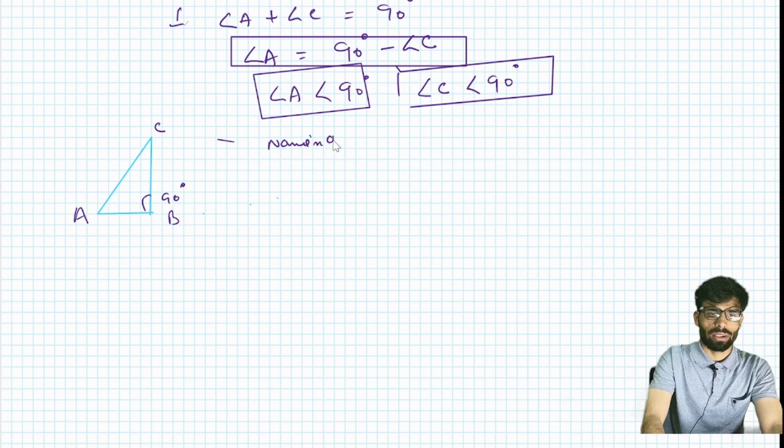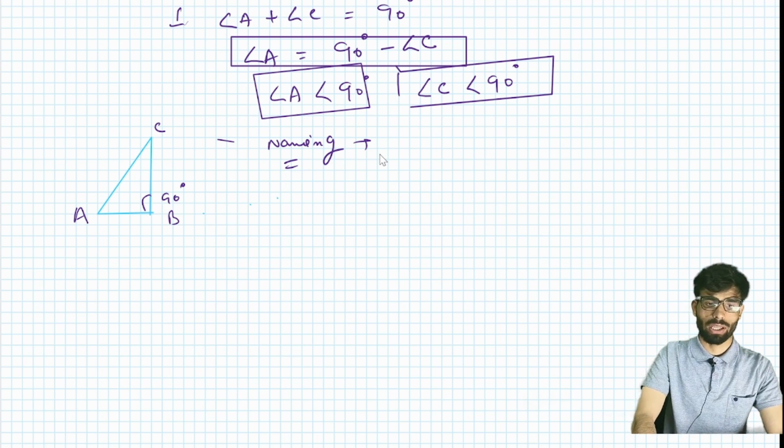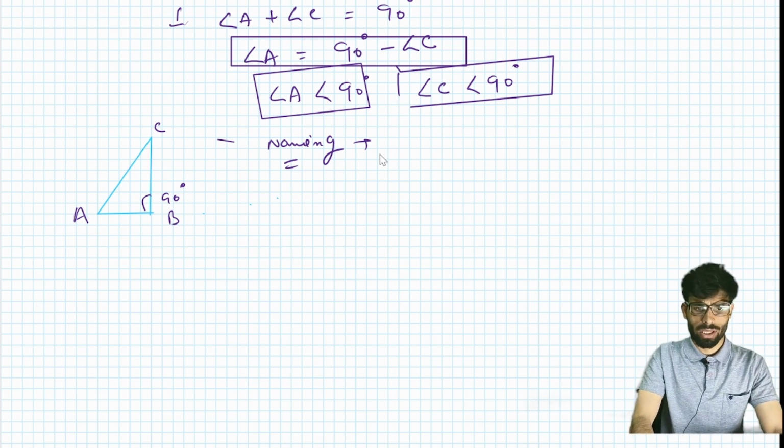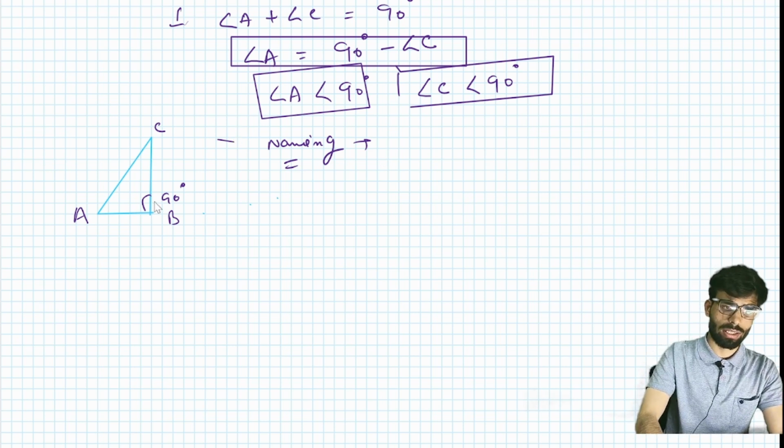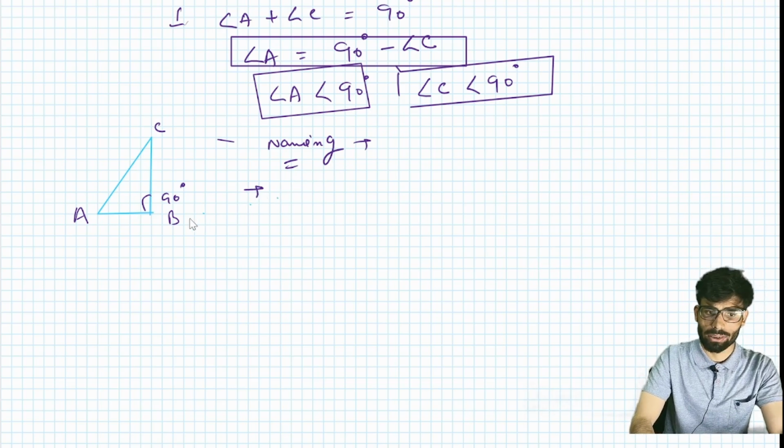Naming of angles, because we use different types of naming. There are multiple types of naming angles. I will tell you, there are actually three. I will tell you how to name an angle.